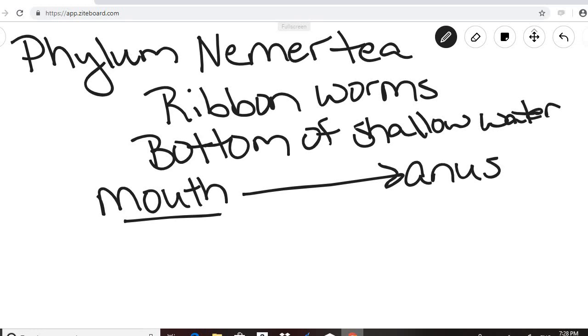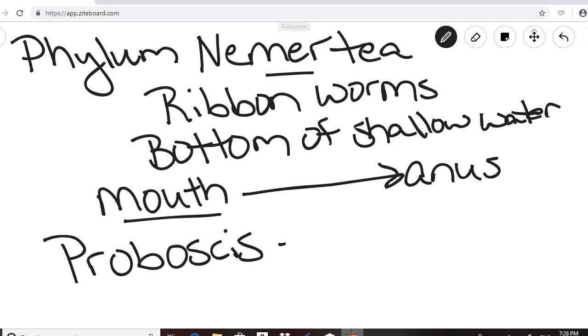Another thing that this organism has is a large proboscis. Usually we think like a butterfly has a proboscis. That's what they use to siphon nectar. In humans, the term proboscis is used for our nose, but in this case, for this type of worm, they have a long tongue.